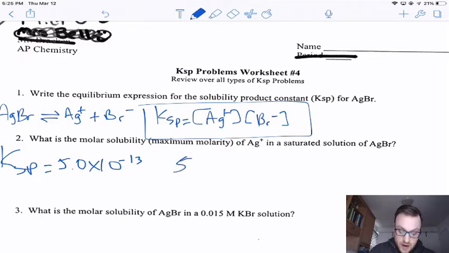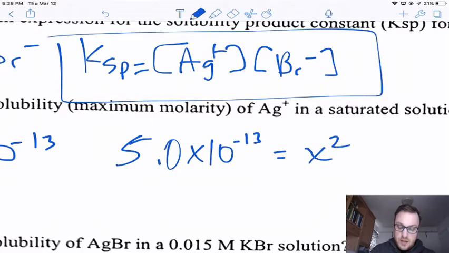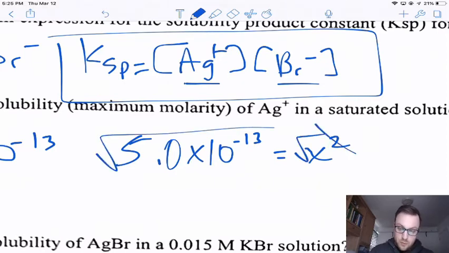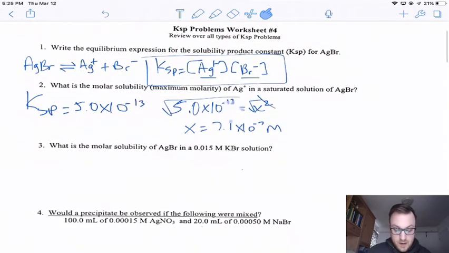So I can write 5.0 times 10 to the negative 13 equals x squared, because again, they're just all in 1:1 ratios. When you square root both sides, you will get an answer of 7.1 times 10 to the negative 7 molarity. So, simple as that. Not too bad.